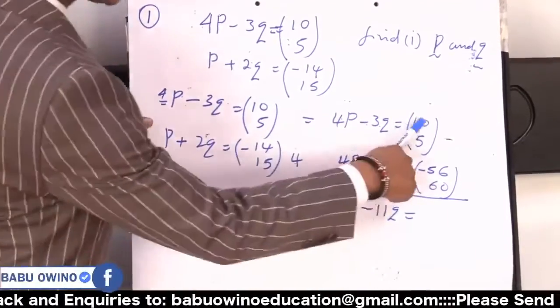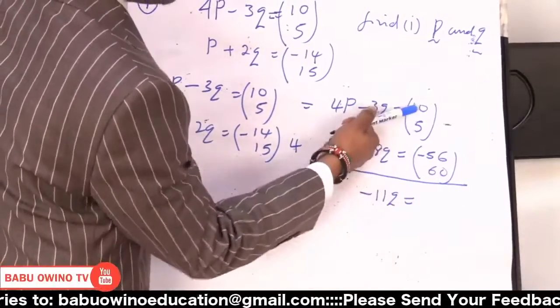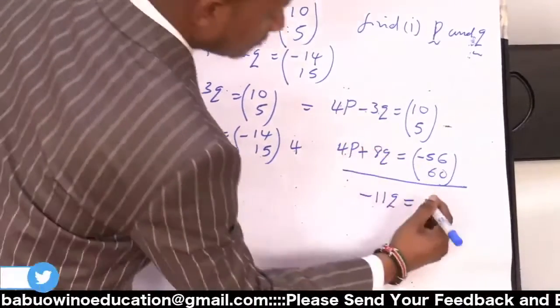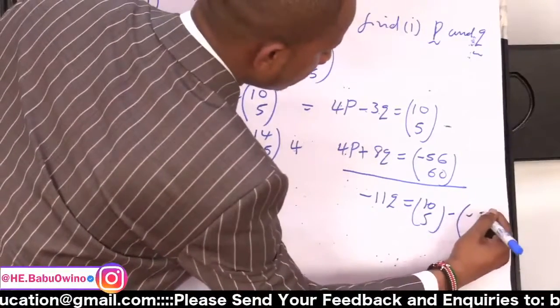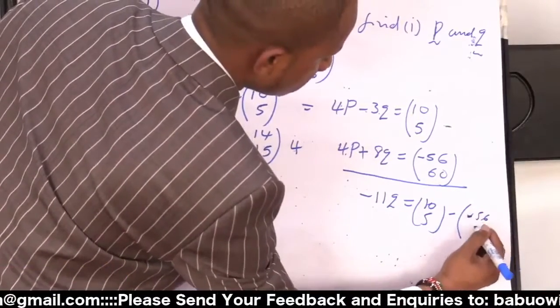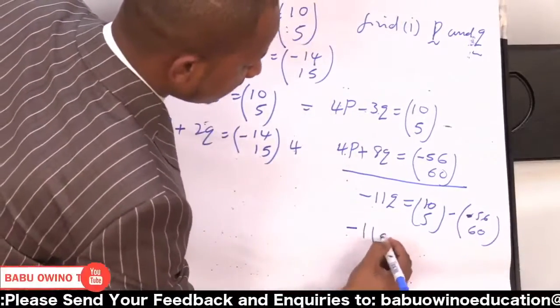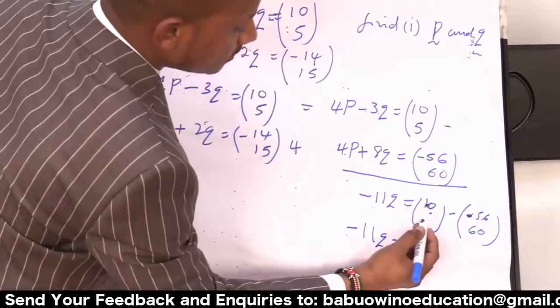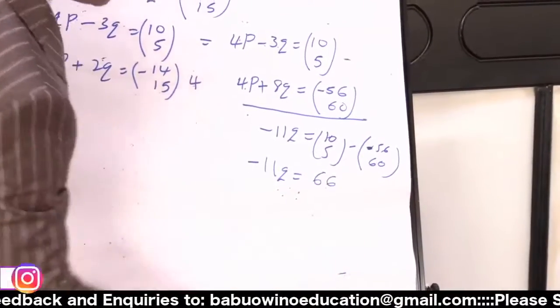When you are subtracting, the first one will minus the first one. So 10 minus 56, then 5 minus 60. So this is going to be minus 11Q equals 10 minus 56 is minus 66.